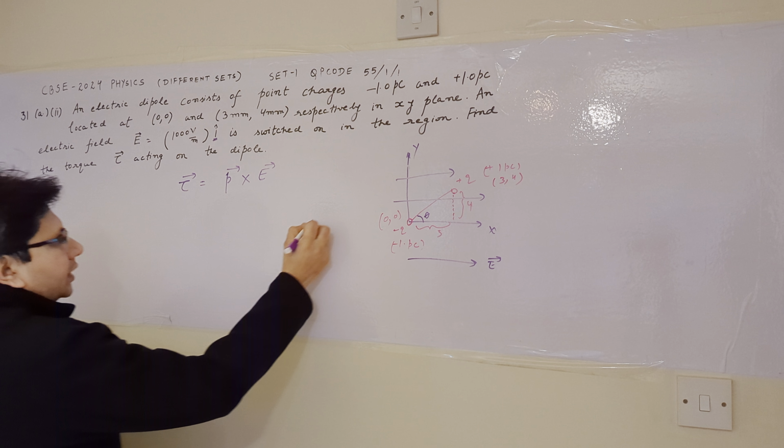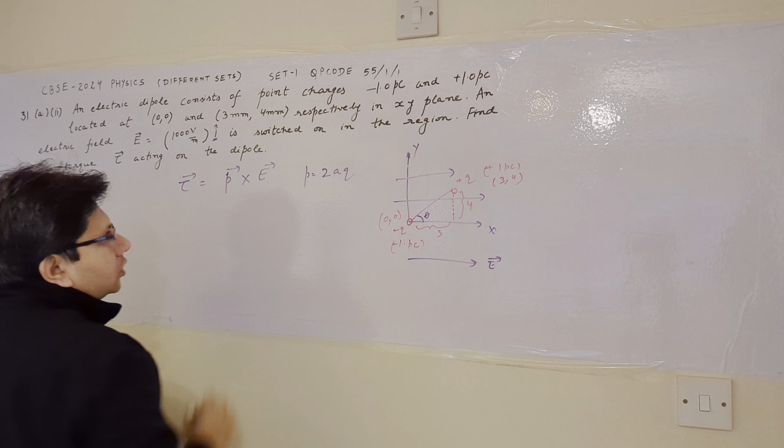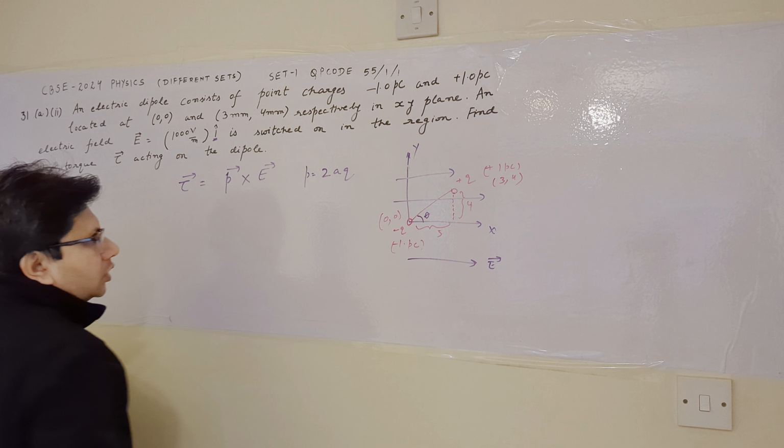Now we know that P equals 2aq. The magnitude of the dipole moment is 2aq, where 2a is the length of the dipole. So to calculate the dipole moment, we have to calculate this 2a, the length of the dipole. The length of the dipole can be easily calculated.